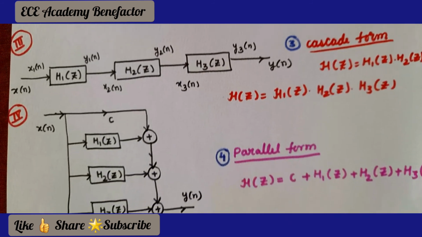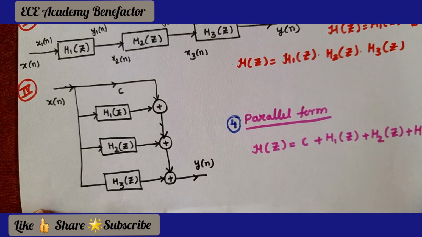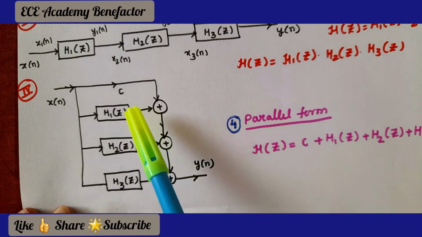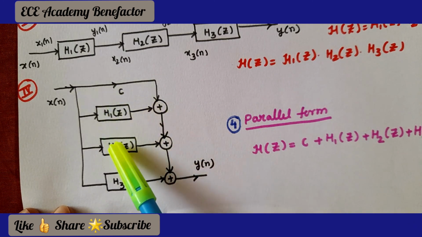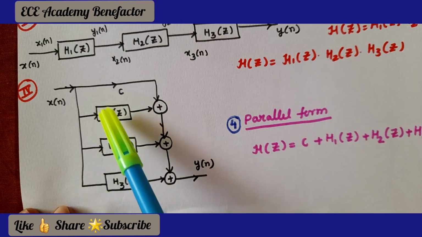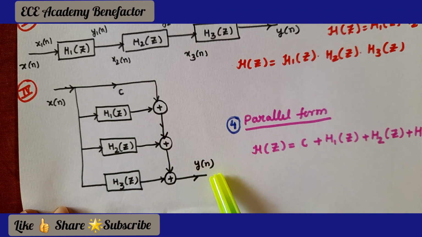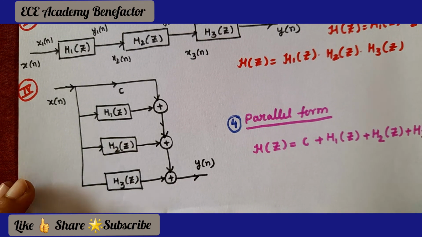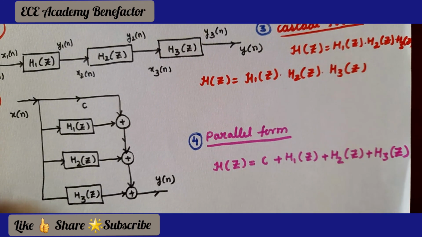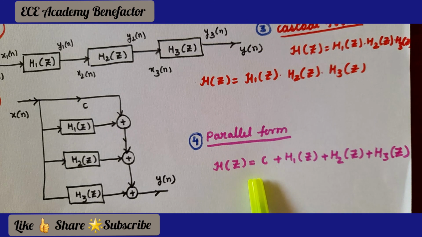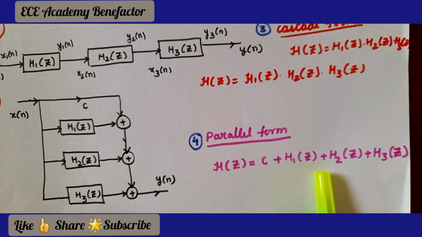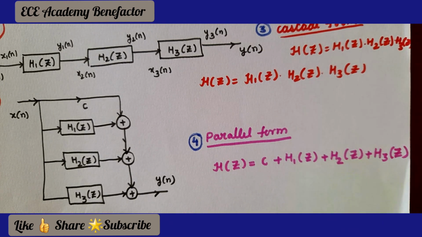Coming to parallel form, H1 of z, H2 of z, H3 of z all are added along with this constant C to get y of n, and same input x of n is given. So, in parallel form, H of z is represented in this form. H of z is equal to C plus H1 of z plus H2 of z plus H3 of z.